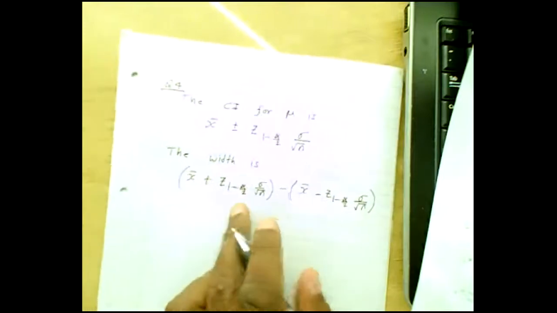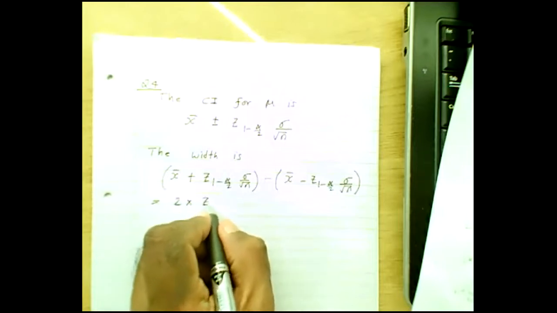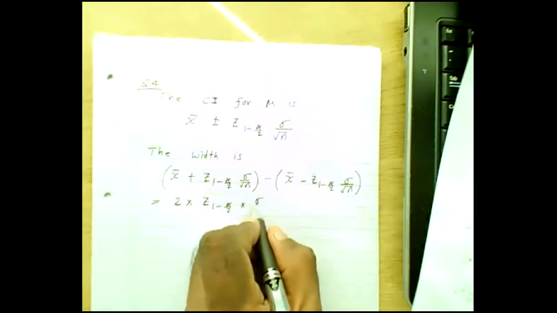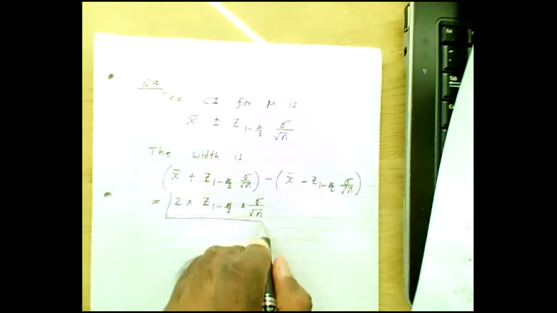So if you take the difference between these two, you will get the width to be equal to this. So this is the formula for the width, right?